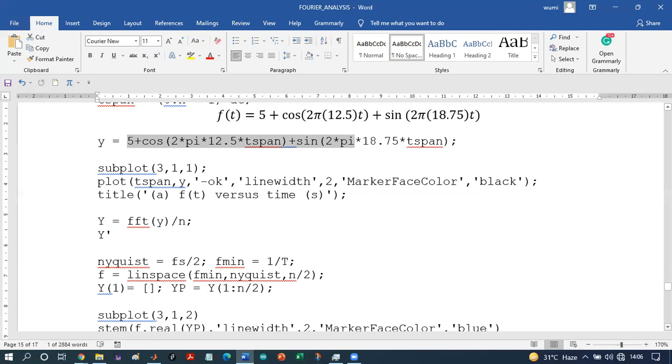F1 is 0. F2 is 0.5. F3 is 0.05. F4 is 0. F5 is 0.5. F6 is 0.5. And F7 is 0.